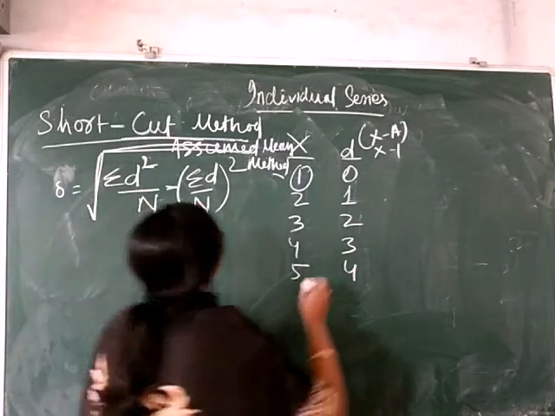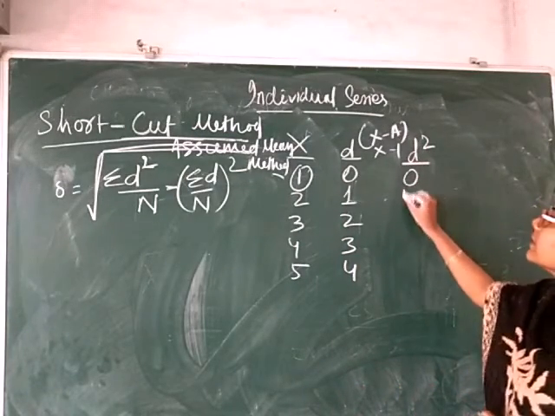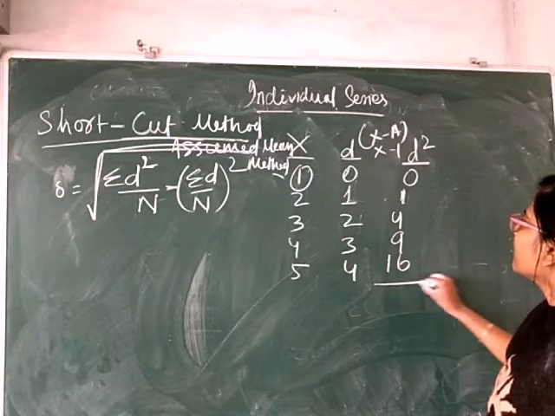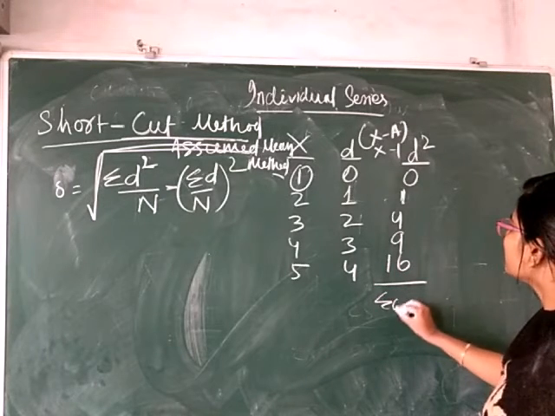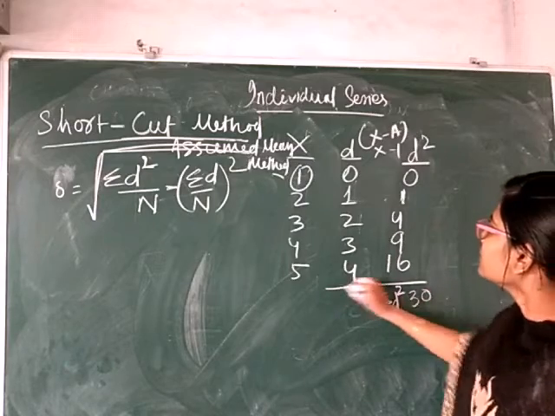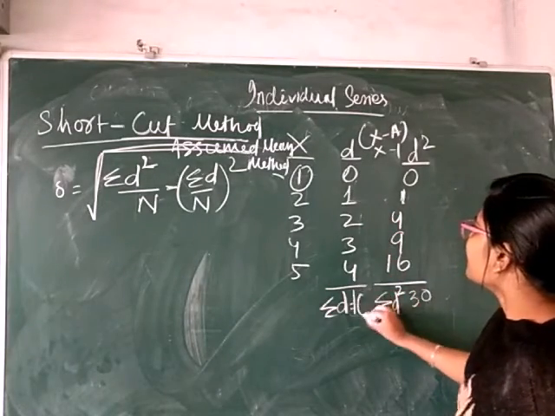Now we compute d square. So d square equals, first is 0, then 1, then 4, then 9, then 16. And summation of d square equals 30. And summation of d equals 10.